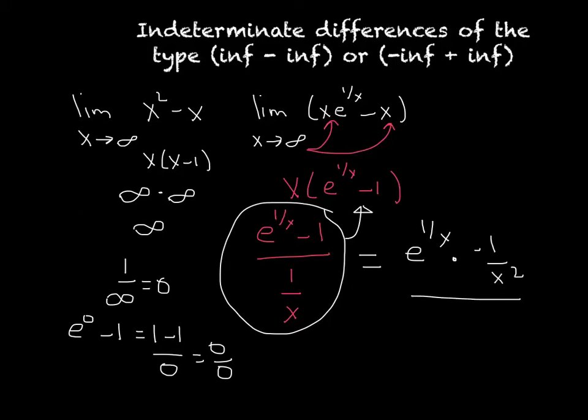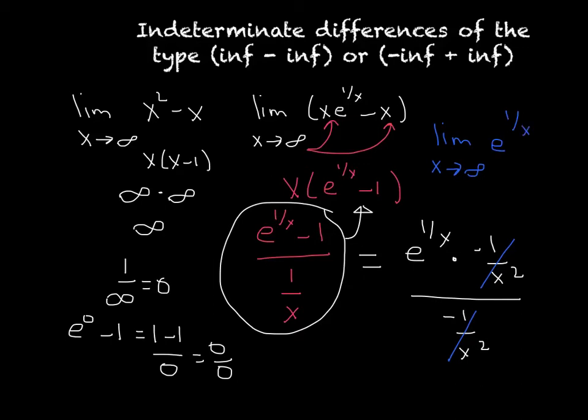All right, and then on the bottom, we have the derivative of 1 over x, which is nice and convenient, negative 1 over x squared. Hey, that's good because these two are the same. They're going to cancel, and then we're going to be left with the limit as x approaches infinity of e to the 1 over x.